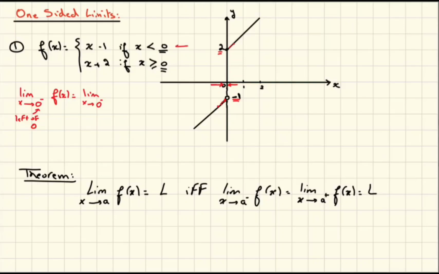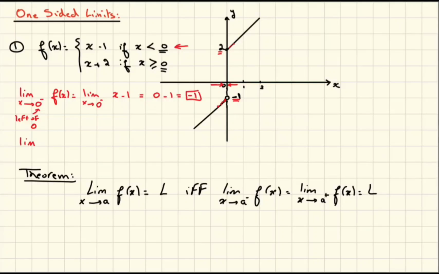It means I'm talking about the first piece of the function, so x minus 1. Then we can replace 0 there. When I replace, no need to replace 0 minus, you can just replace 0, so 0 minus 1, and the answer is -1.